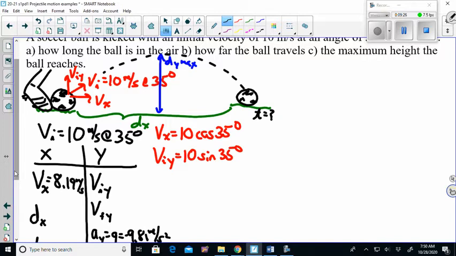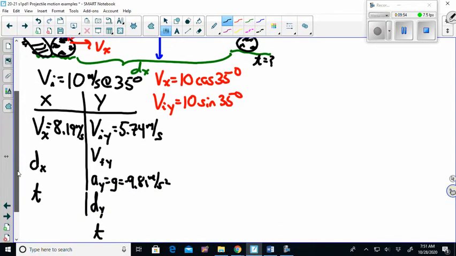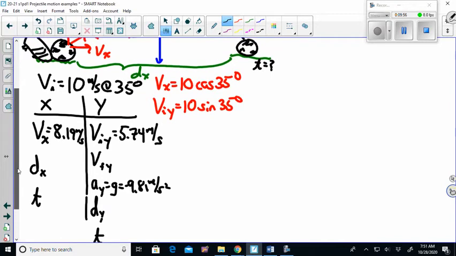My initial y velocity, 10 sine 35, 5.74 meters per second. Okay, so that now completes step 2. Got my variables listed. I got all the variables I know put into the equation. Now I'm ready to start answering the questions that I've been asked.